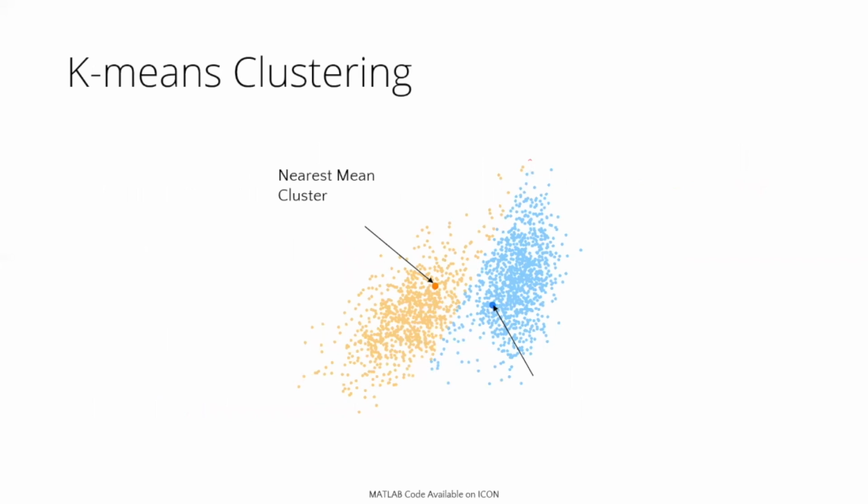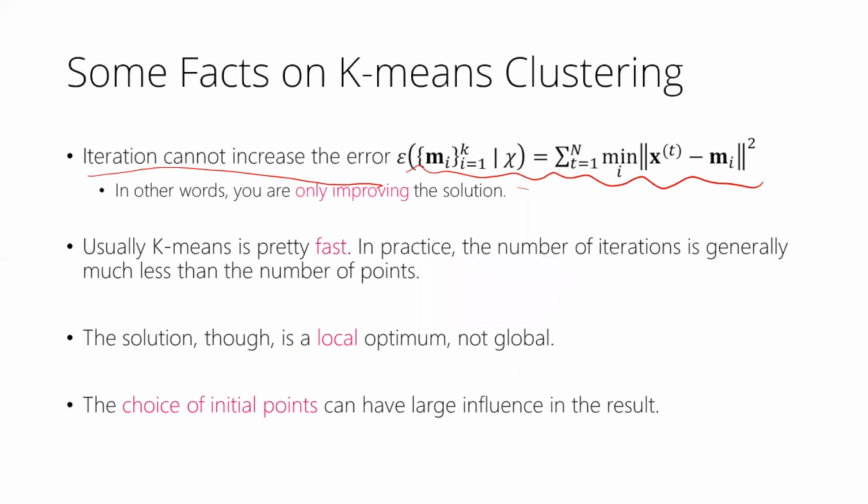we move the mean, right? We move the mean by shifting the original mean to the actual average of the cluster members, and that operation is always guaranteed to reduce the error function as defined over here.